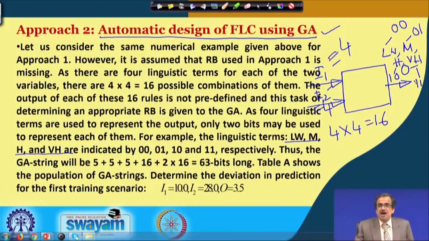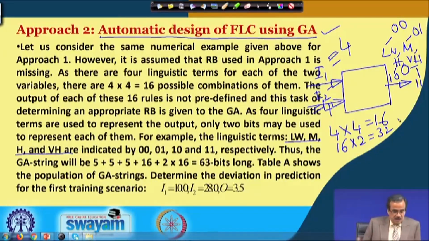To represent the output of a particular rule, we are going to use 2 bits, and there are 16 rules. So, I will have to use 16 multiplied by 2, that is 32 bits, to represent what should be the output of these rules.